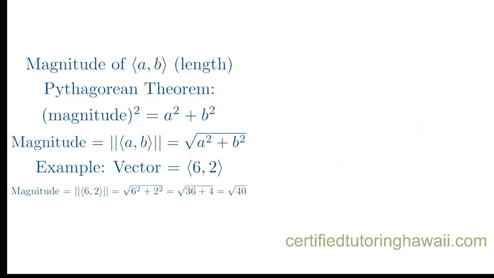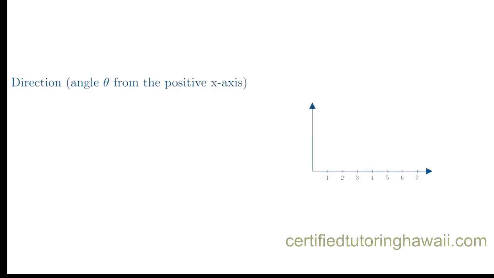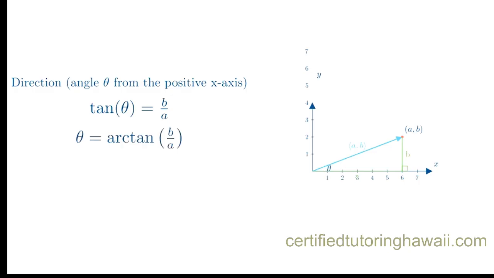And finally, let's talk about finding the direction of the vector. Using basic trigonometry, we can find the angle theta, which is the angle the vector makes with the positive x-axis. In our right triangle, the side opposite the angle is b, and the side adjacent is a, so the tangent of the angle is b over a. To find the angle, we take the inverse tangent of the ratio of the vertical to the horizontal component.